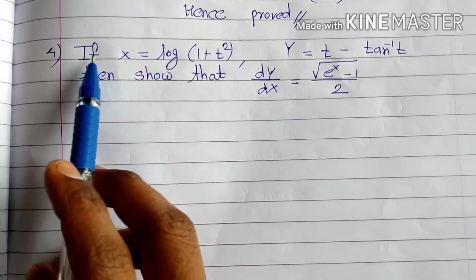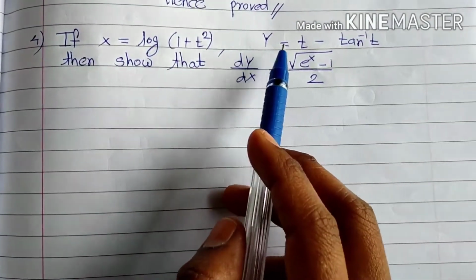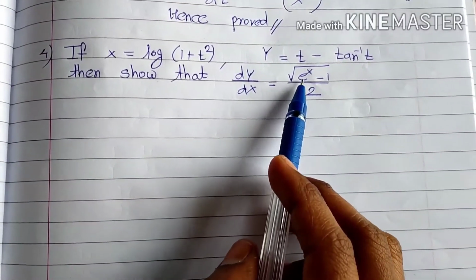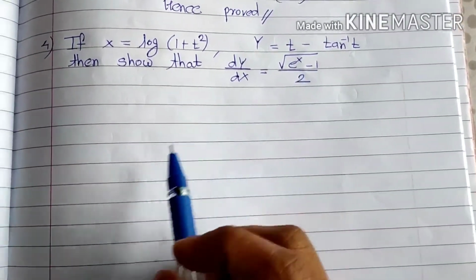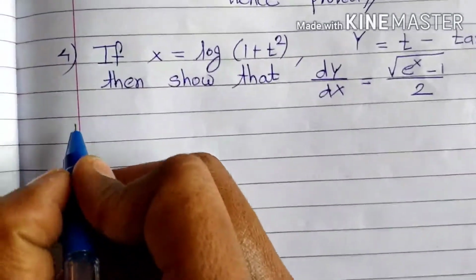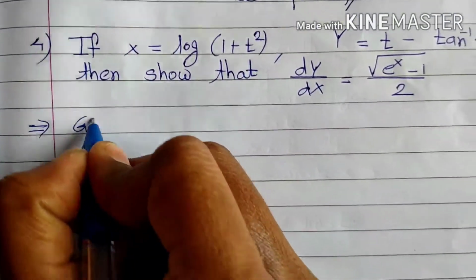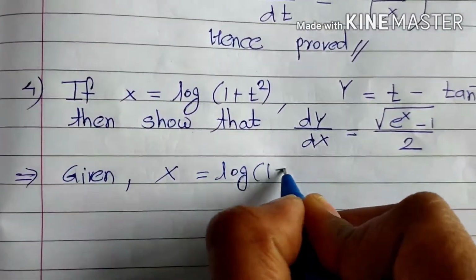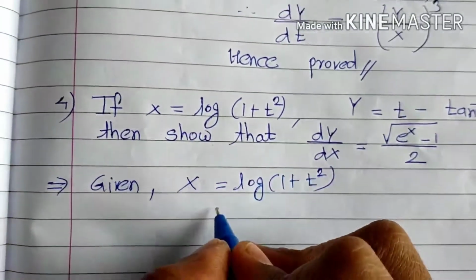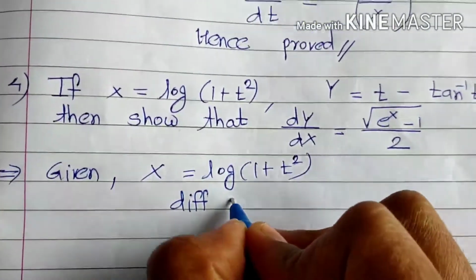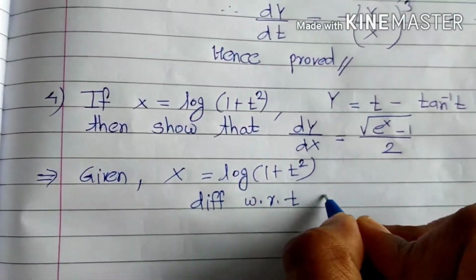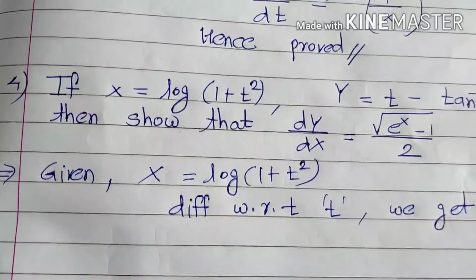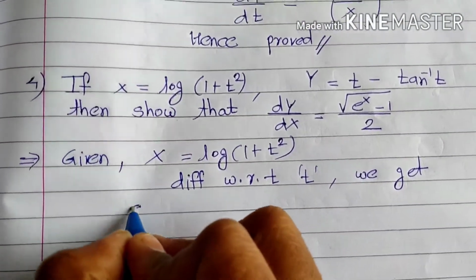Now the next example is, if x is equal to log 1 plus t square, y is equal to t minus tan inverse t, then show that dy by dx is equal to under root of e raised to x minus 1, upon 2. So given x is equal to log 1 plus t square. Differentiate with respect to t. We get dx upon dt.